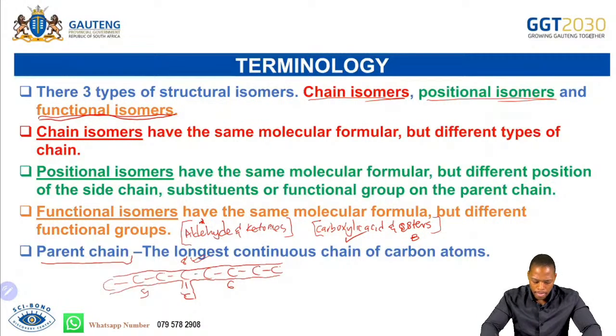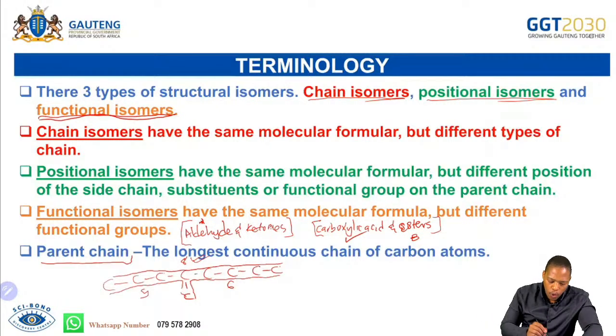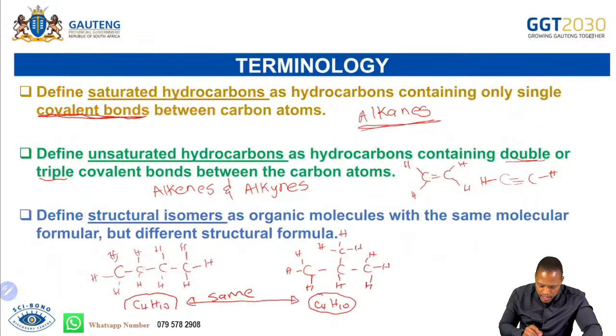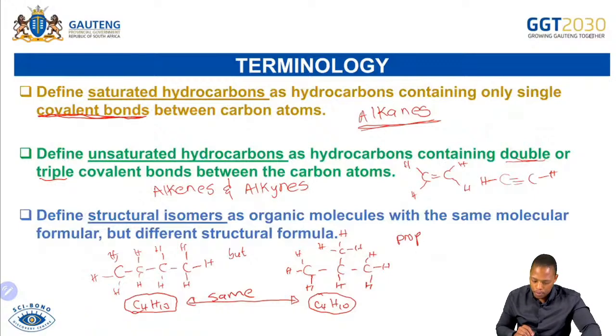Okay, so with that being said, I want to go back to chain isomers here. If you look back at this example that I made here, the parent chain of this compound will be 4 carbons, which will be a butane. And the parent chain here can only be what? 3 carbons, which will be what? A propane. So that then tells us that the difference with these two structures is their parent chain.